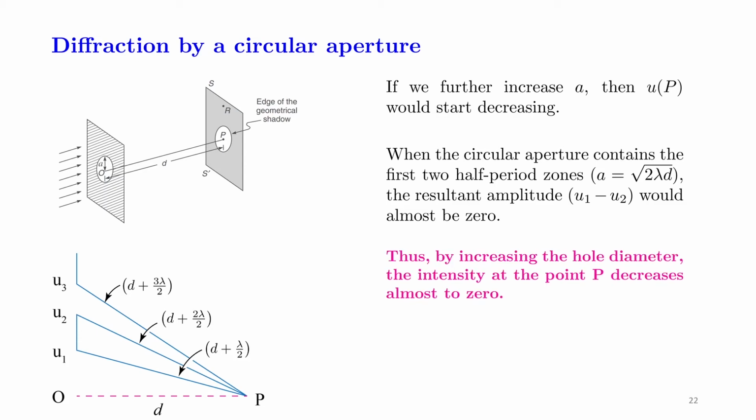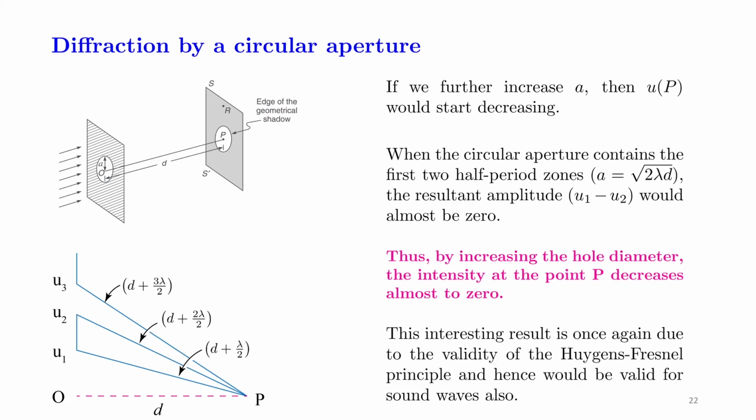Thus, by increasing the hole diameter, the intensity at the point P decreases almost to 0. And this interesting result is once again due to the validity of the Huygens-Fresnel principle, and hence would be valid for sound waves also.